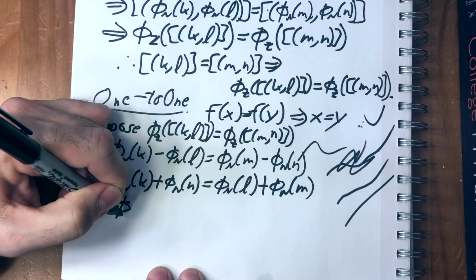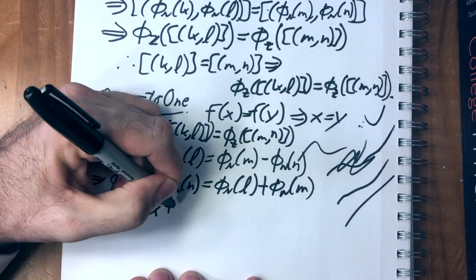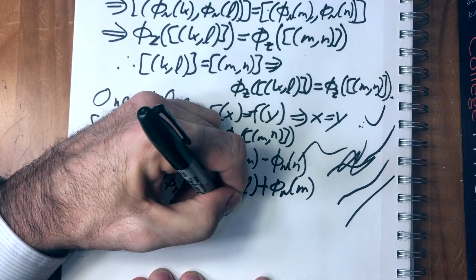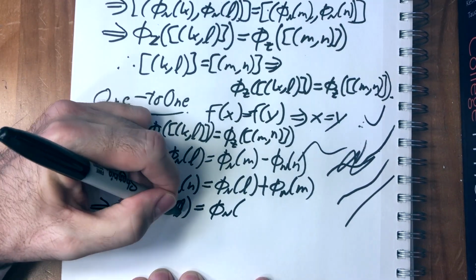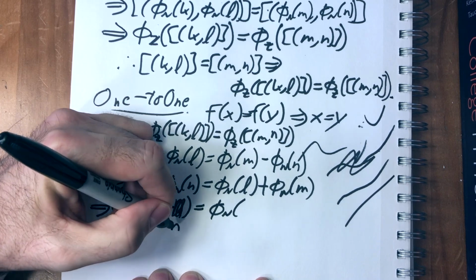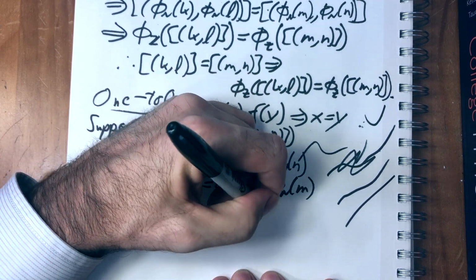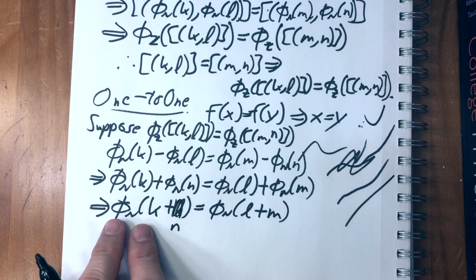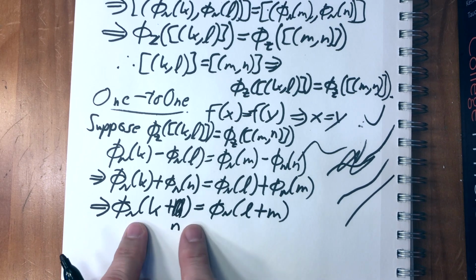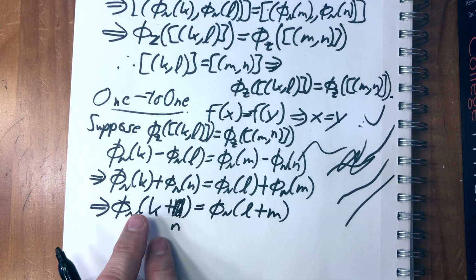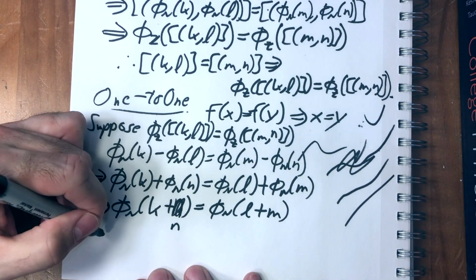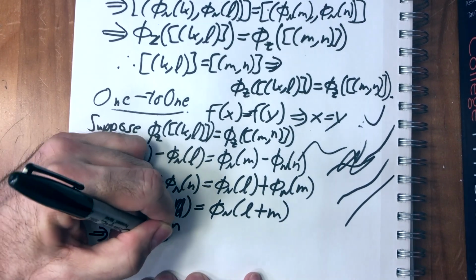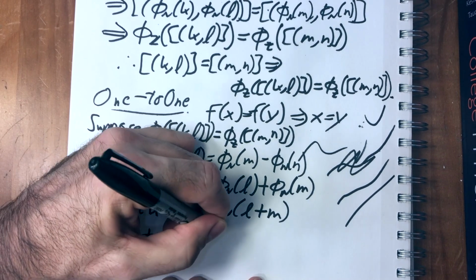That means that phi n of k plus n equals phi n of l plus m. Now, since phi sub n is 1 to 1, if phi of k plus n equals phi of l plus m, that means that k plus n equals l plus m.